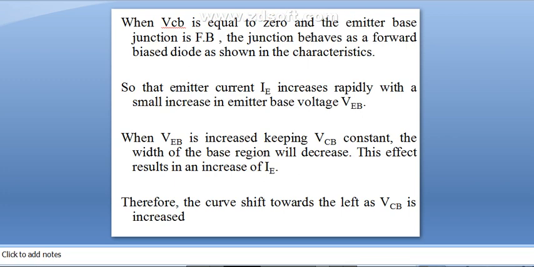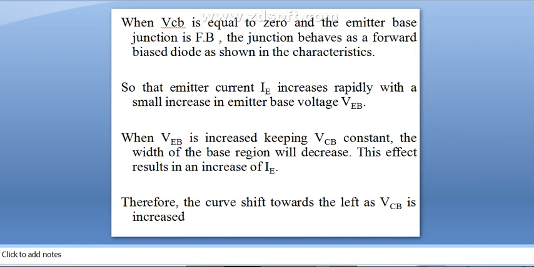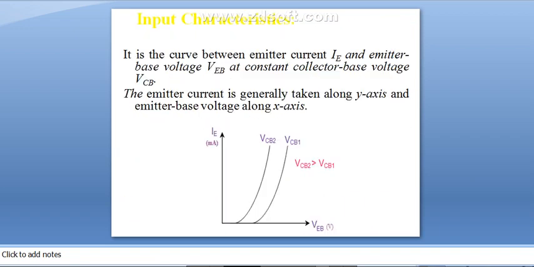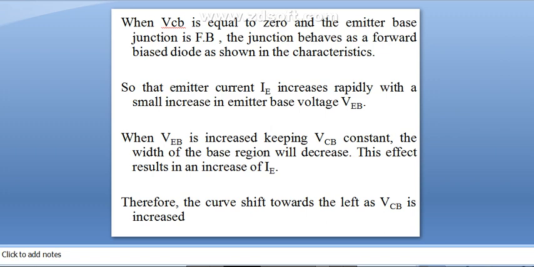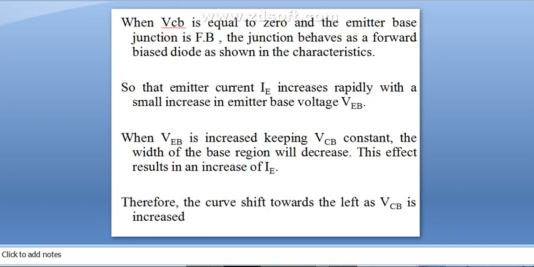So the emitter current IE increases rapidly with a small increase in emitter base voltage. See in these curves, the emitter current increases rapidly with a small increase in emitter base voltage, VEB.